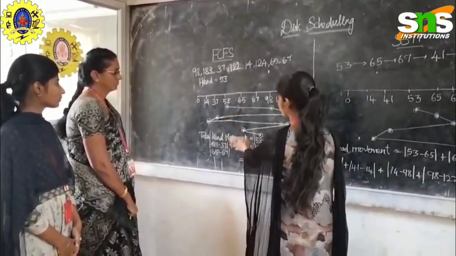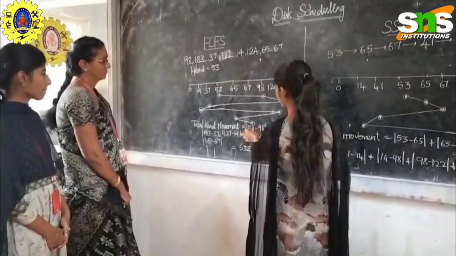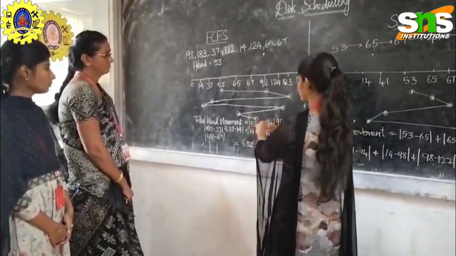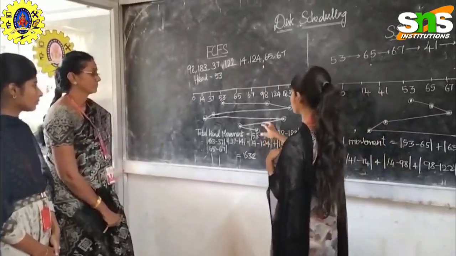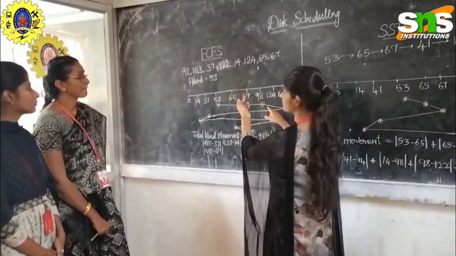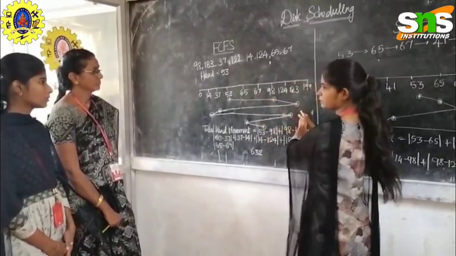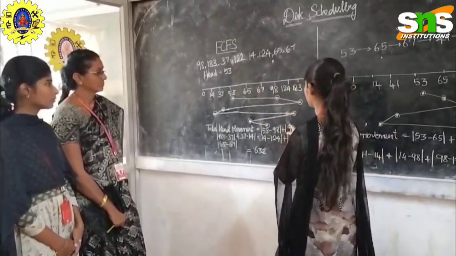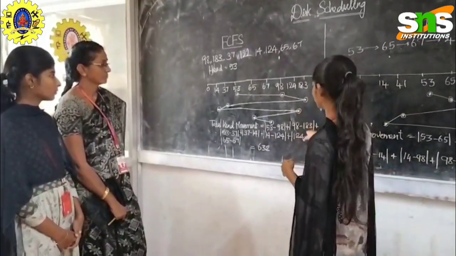There is some distance between the head and 98. To calculate the head movement, I subtract the head from 98. I use modulo because there can be negative values, so I use the modulo function. Then I check which request comes next. Next is 123, and I move to 123, adding to the head movement as follows: 123 minus 98.